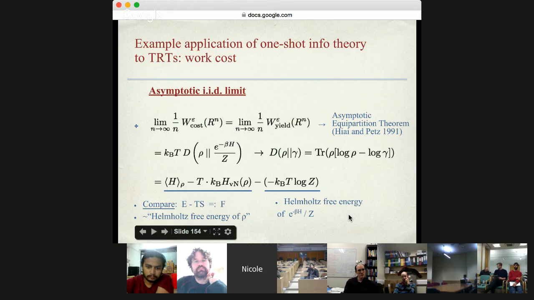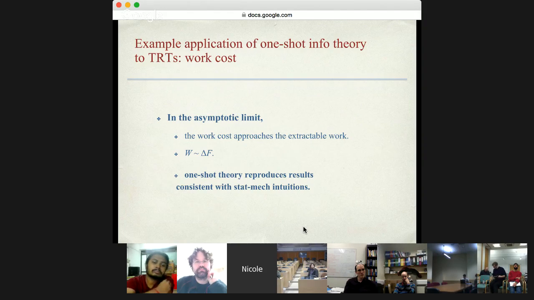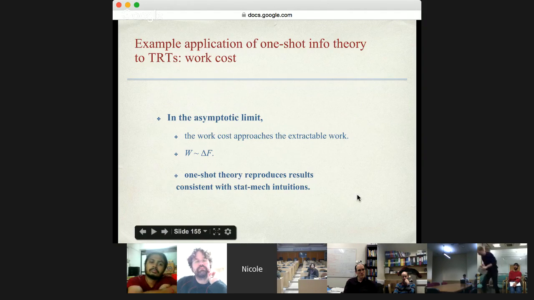So in this limit, the average work costs and the average work yields come to approach each other and come to approach a difference in free energies, which is what we'd expect. So in this appropriate limit, the one-shot results come to approach the ordinary stat mech results. But we do need to be very careful about what we mean by one shot and one copy.